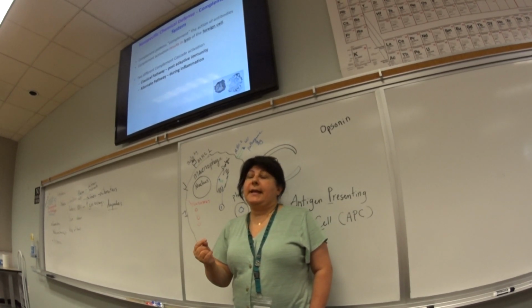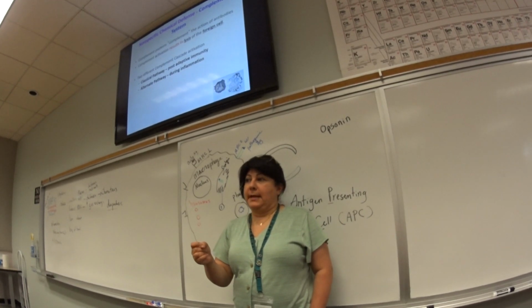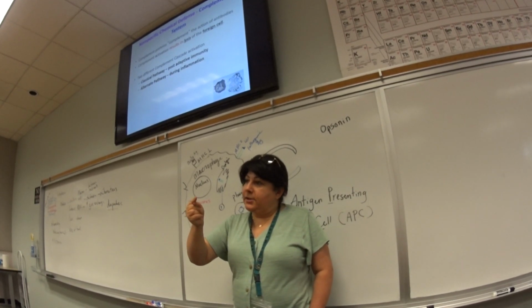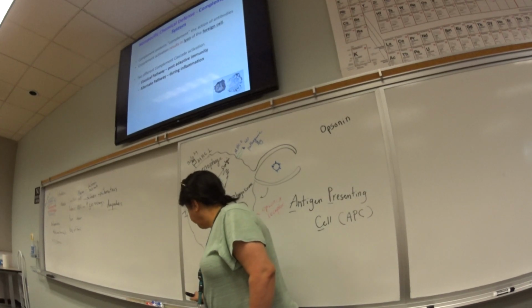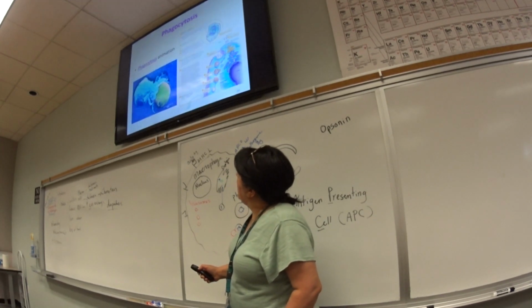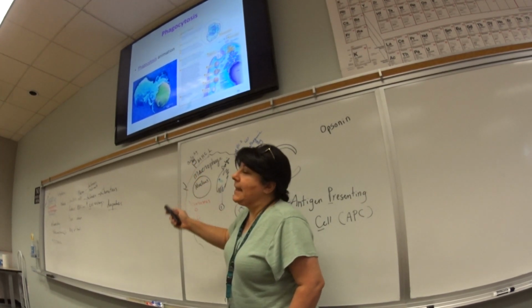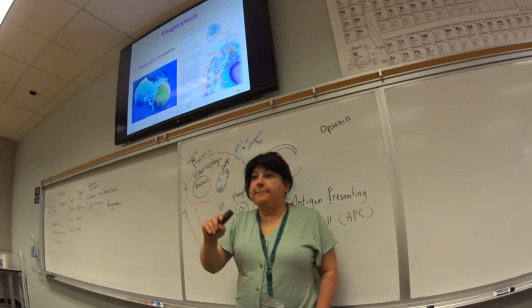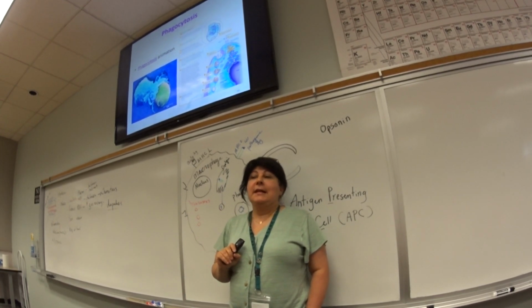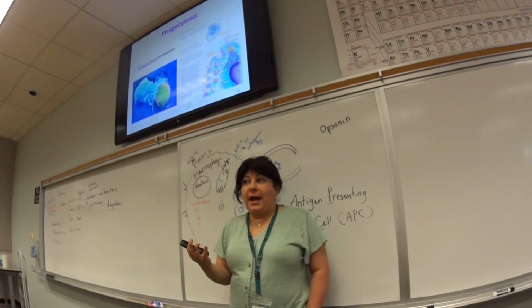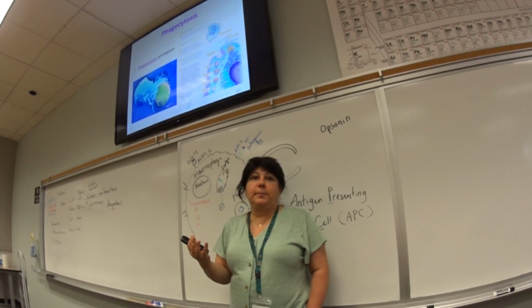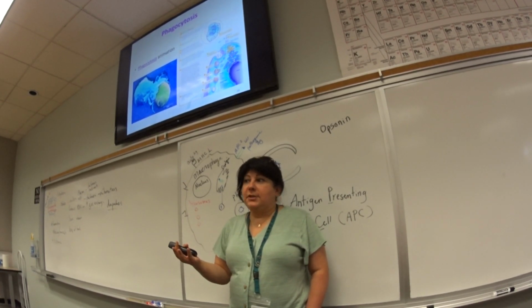It will create what we call a MAC, membrane attack complex, that, like you saw in that image, creates a hole in the membrane, in the surface of the pathogen. When you have a hole in a cellular pathogen, that pathogen is going to go through lysis.